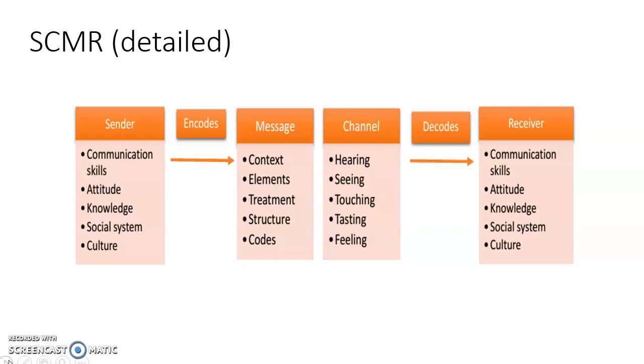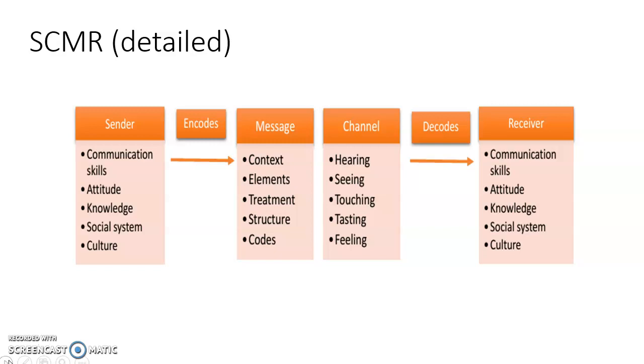So if you think about it in the workplace, say your boss needs you to create a report. So the boss is the sender, and he's your boss, so that covers the social system, okay?